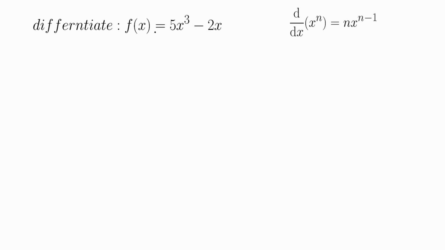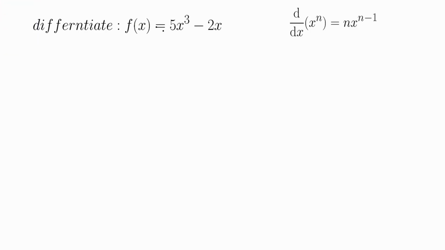For our next example, let's differentiate f of x is equal to 5x to the 3 minus 2x. We have f of x equal to 5x cubed minus 2x. And here we have two terms. But if you remember limit properties, the limit of two terms is just equal to the limit of the first term minus the limit of the second term. And while we're using the power rule, essentially we are still taking the derivative using limits, but we're just doing it quicker.